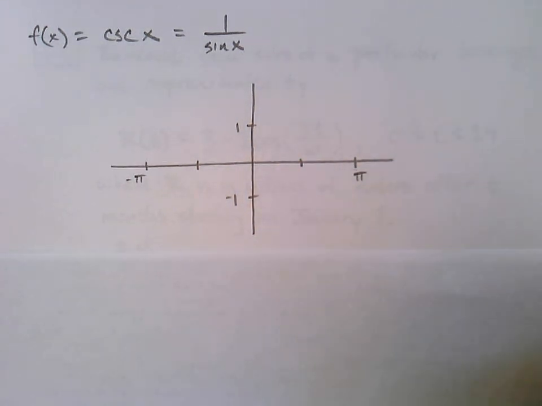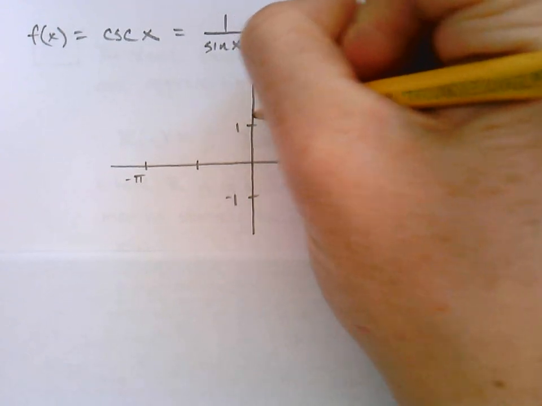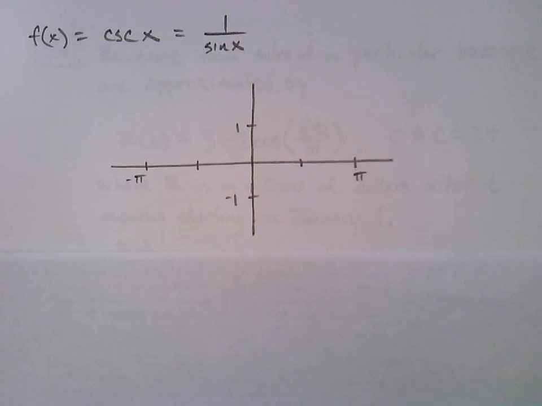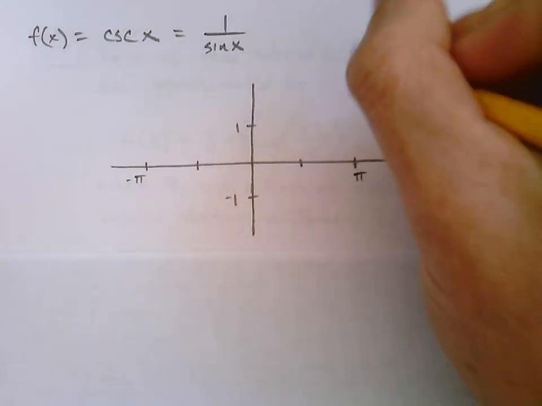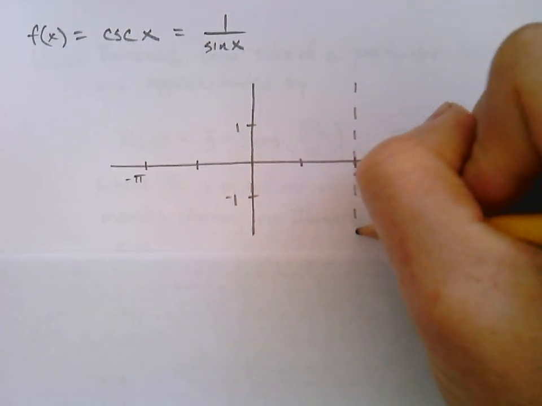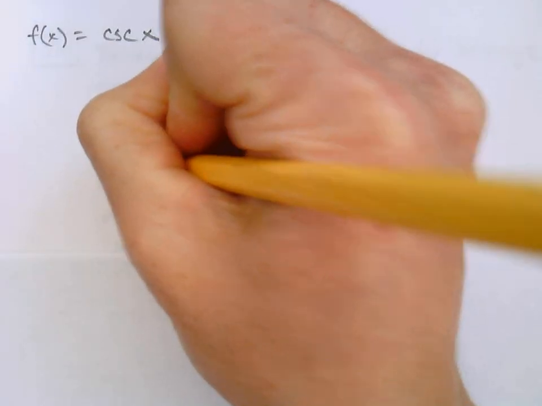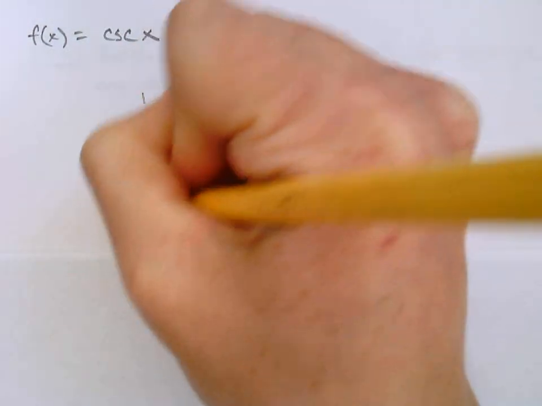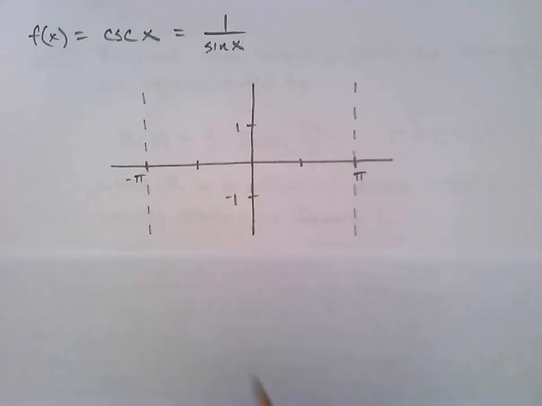There's got to be a vertical asymptote here, and it's kind of difficult to draw it on top of my axis, but we can kind of picture that. There's a vertical asymptote happening there. Also at pi, the sine of pi is 0, and -pi. So where the sine of x equals 0, if we're dividing by that, obviously that'll create these 3 vertical asymptotes.